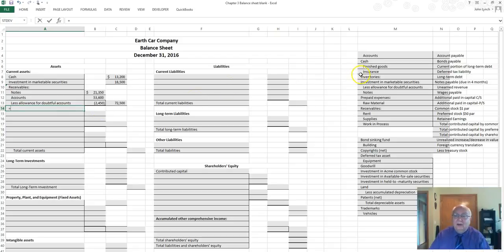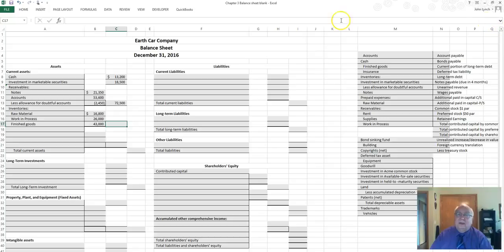Then we'll have inventories next, and this is for a manufacturing firm. So we have three types of inventory. You have raw materials, you have work in process, and you have finished goods inventory. The amounts we're going to make are 16,800, 26,000, and 43,000.